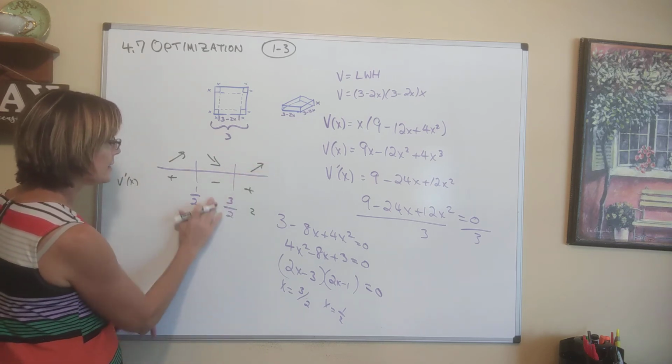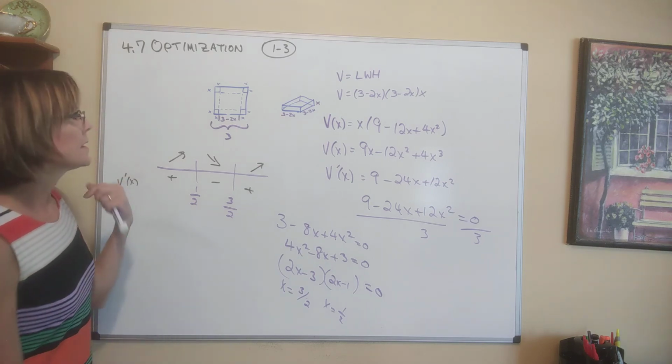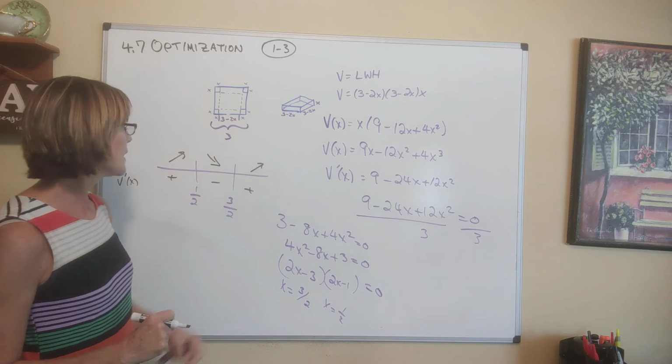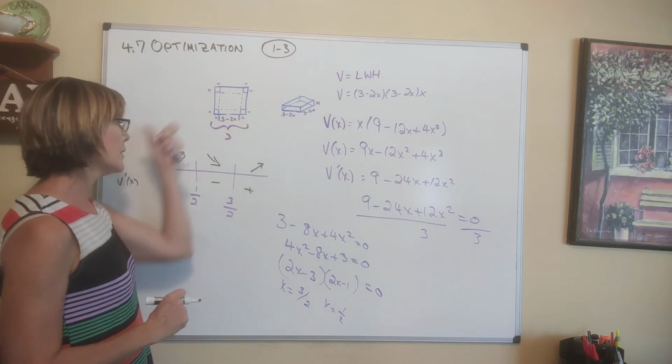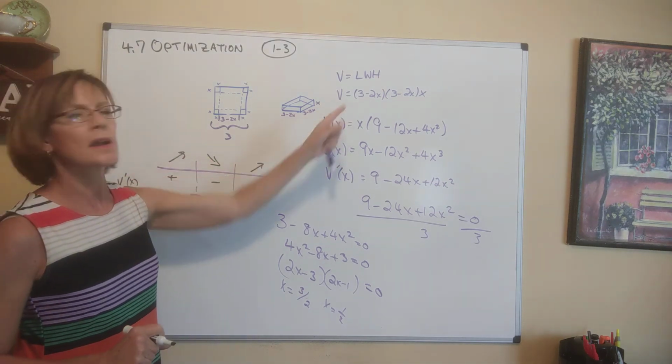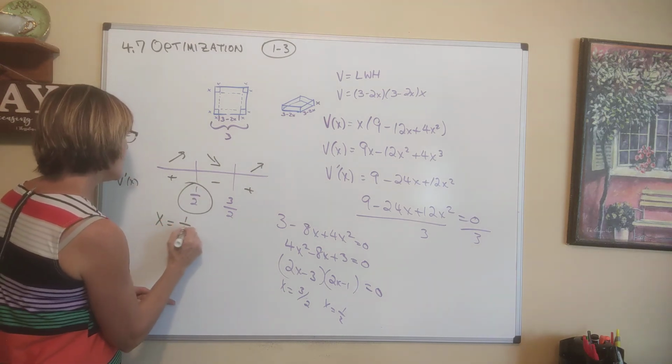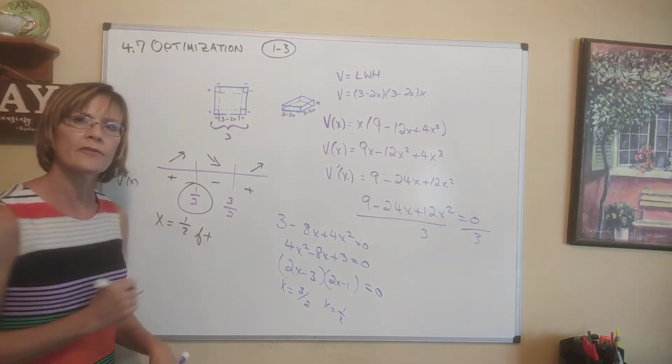So we find that when we let x be 3/2, we get a minimum. And when we let x be 1/2, we get a maximum. And we want to maximize this. So we should let x equal 1/2, half a foot.